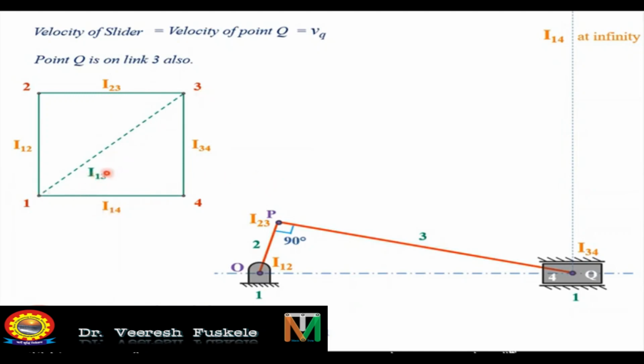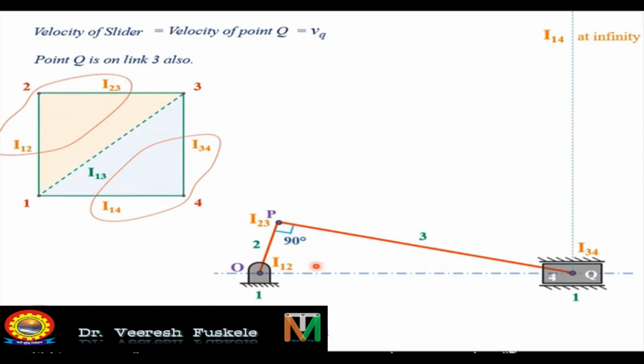This line 1, 3 has divided the polygon into two triangles: 1, 4, 3, which has I14 and I34 as the sides, and similarly, another triangle 1, 2, 3, which has I12 and I23 as the sides. So we'll obtain I13 by the intersection of the line joining I14 and I34 and the line joining I12 and I23. So we do this.